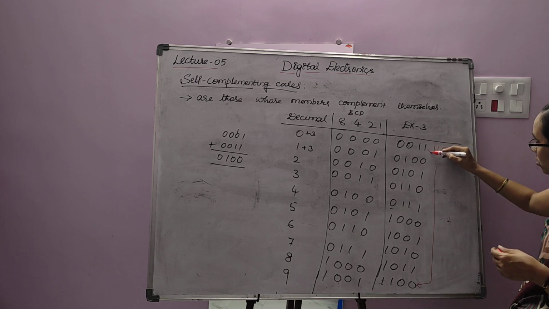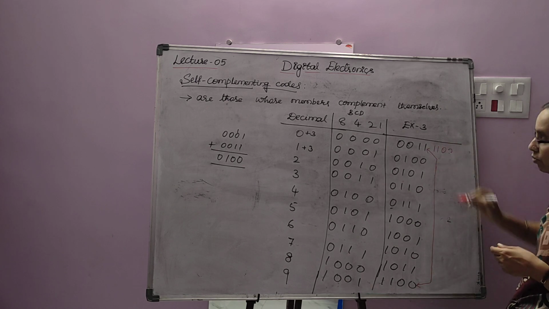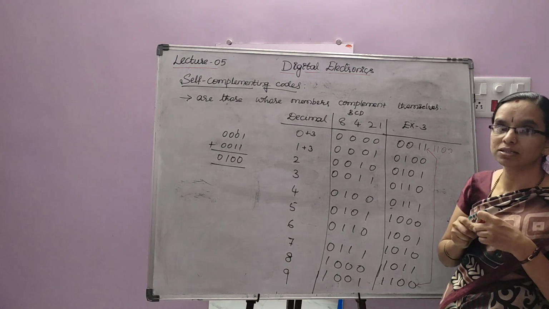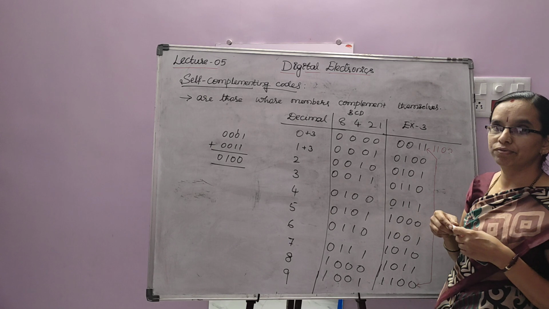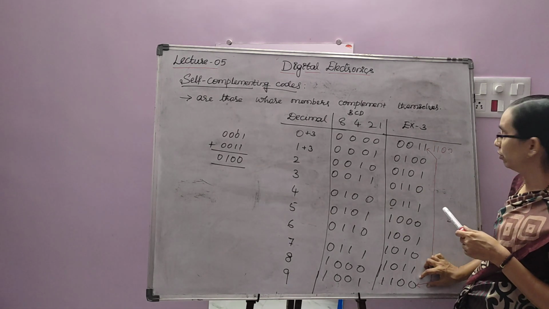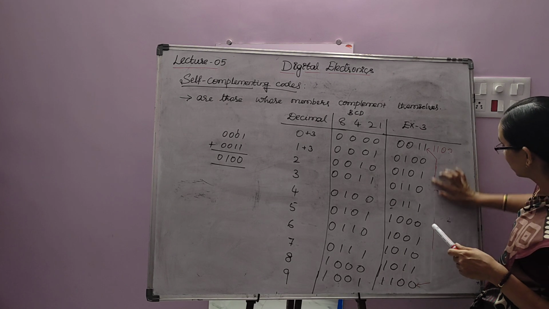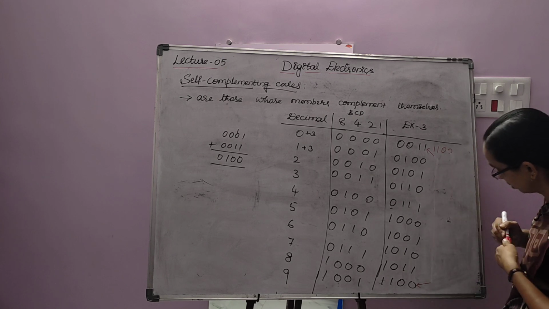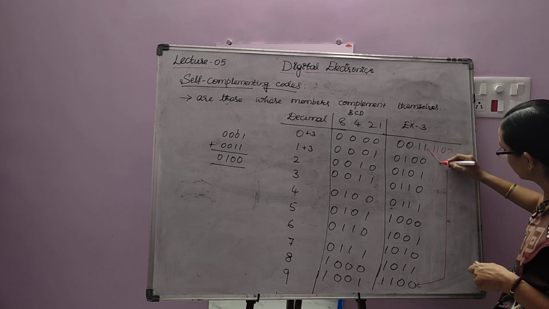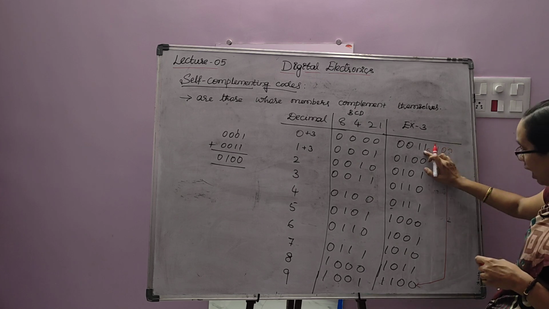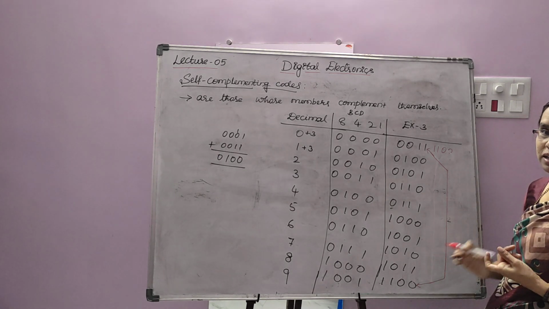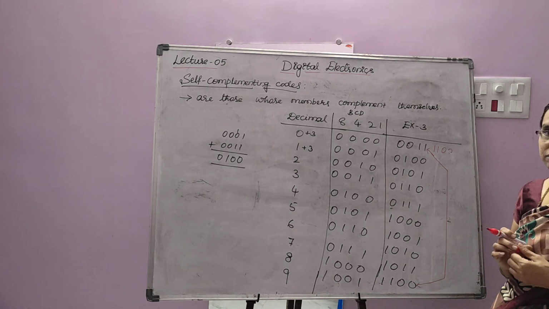Self-complementing codes are those whose number's complement is found in the code itself. So its complement is there in the code itself. Then you can tell this is a self-complementary code. And the second condition is, if you add these two, you should get the decimal 9.